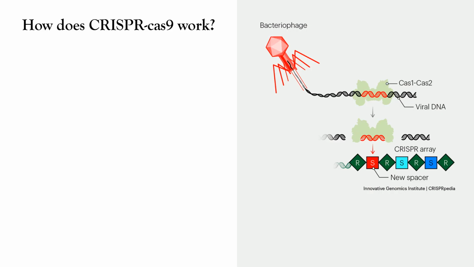So how does the CRISPR-Cas9 work? We looked at the CRISPR array, and we looked at the endonuclease that is Cas9. They work together. But how do they work together to help the bacteria fight off a virus such as a bacteriophage? This is a bacteriophage virus that infects bacteria.